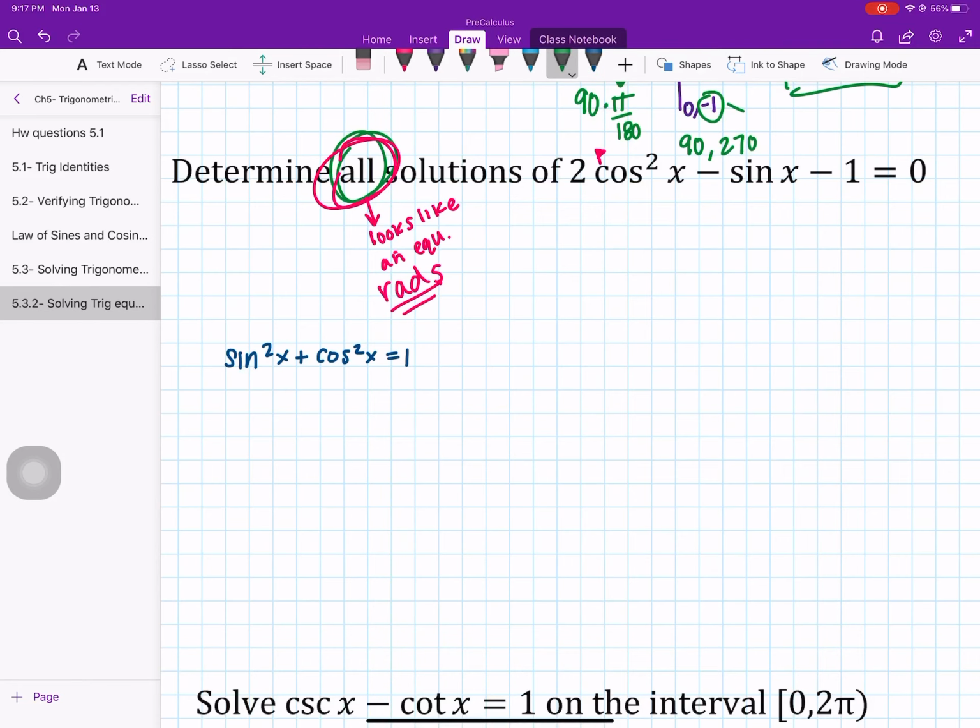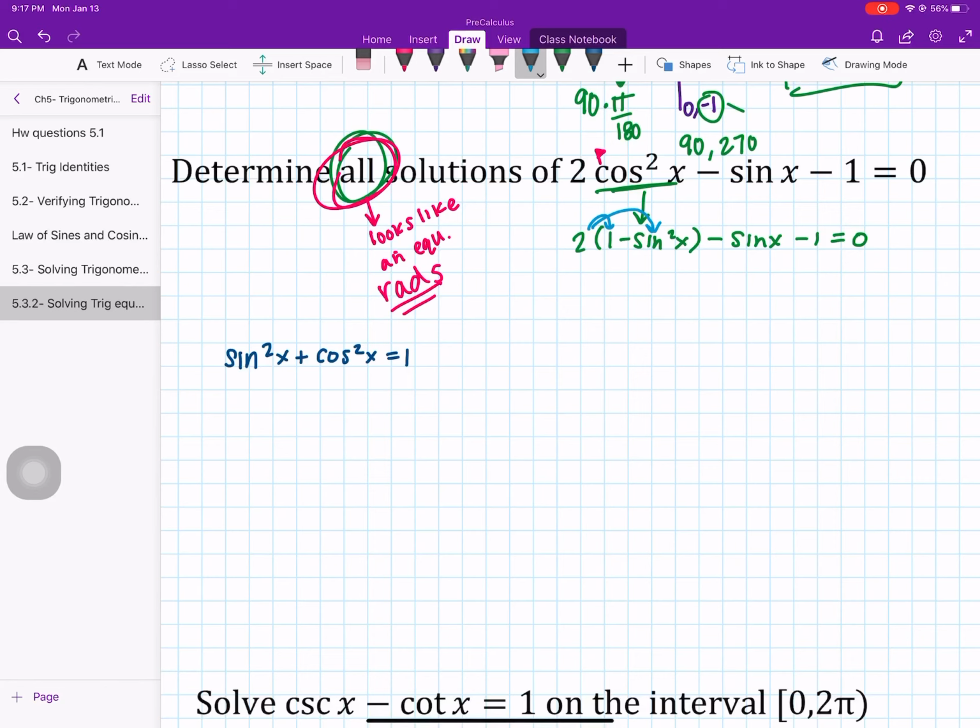And if I bring in a sine squared instead of this cosine squared, I'm not changing the equation at all because cosine squared is equal to 1 minus sine squared. But now your equation has all sines in it, which is then going to make it easy to solve. If you didn't replace this with 1 minus sine squared, the only way you could have solved it would have been to maybe try to use a graphing calculator.